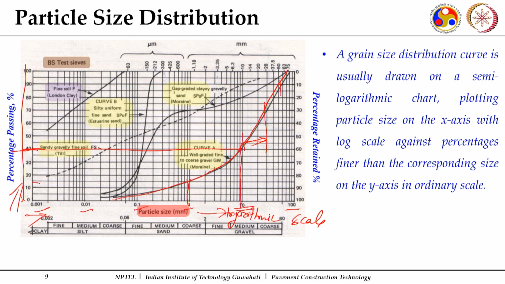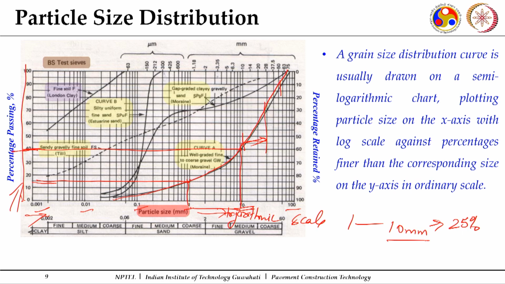So, between this 1 and 10 mm, from 15 to 40, around 25% material is there. So, from this I can work out from 1 to 10 mm I have materials in the range of around 25%.